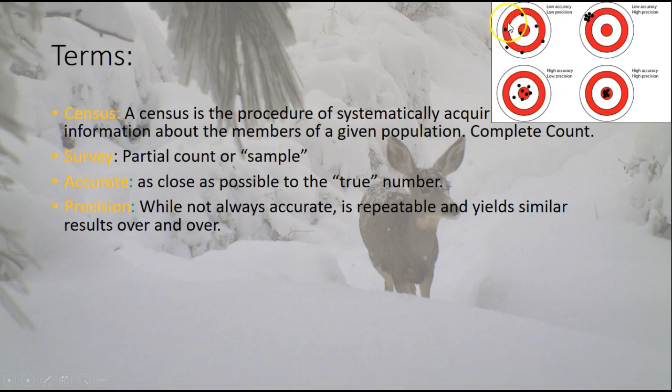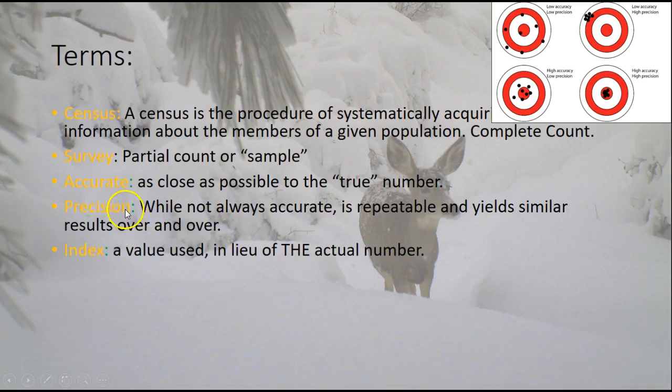And then up here, who knows where you're going to hit. You're just pulling the trigger or shooting the arrow and hitting wherever you get lucky. You might get lucky once and hit the target, but overall you had pretty low accuracy and overall you had pretty poor precision. So the goal with sampling is to get both accuracy and precision.